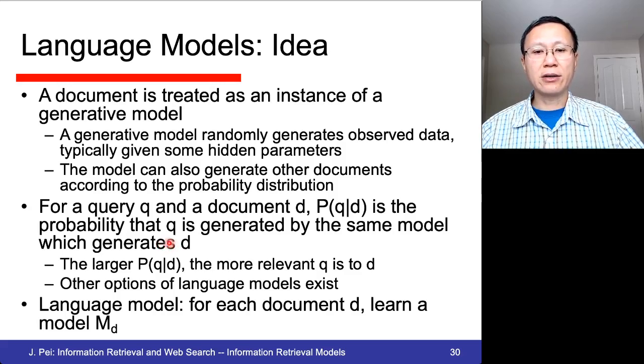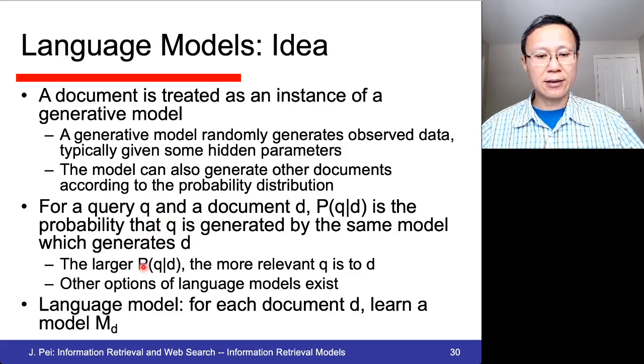Here, the so-called model is a probability distribution of words, and the mechanism of generating a document or a query is to draw a random sample according to this distribution.